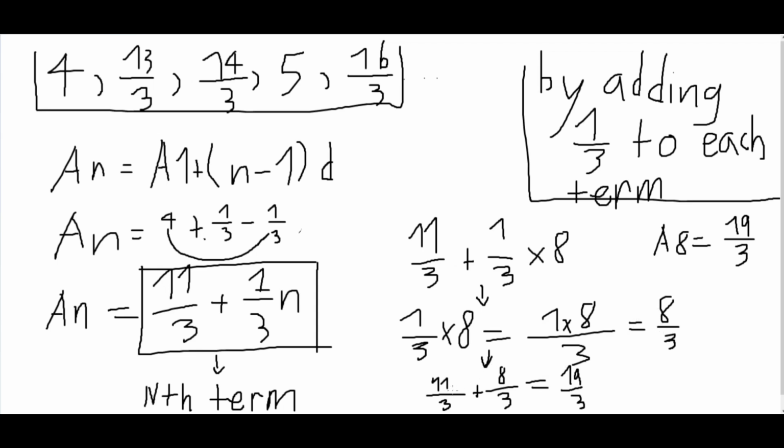So now we add them together, which is 11 over 3 plus 8 over 3 is 19 over 3. So the 8th term of this sequence is 19 over 3.